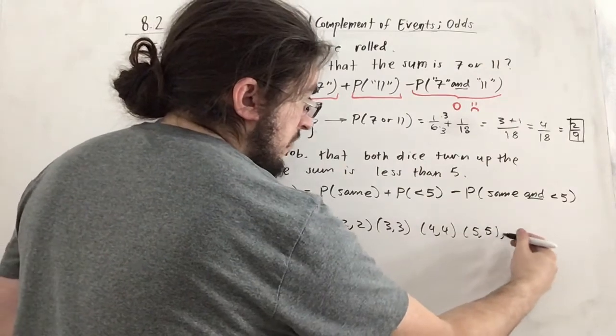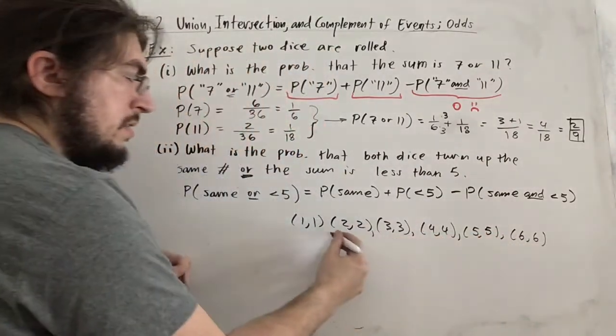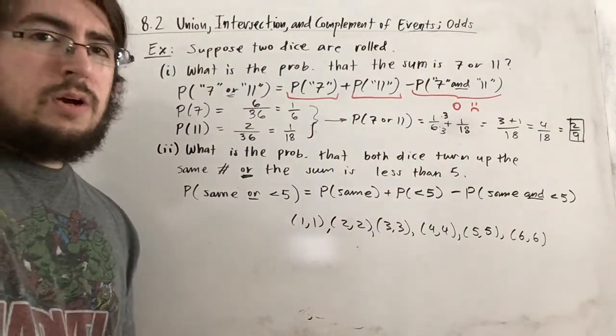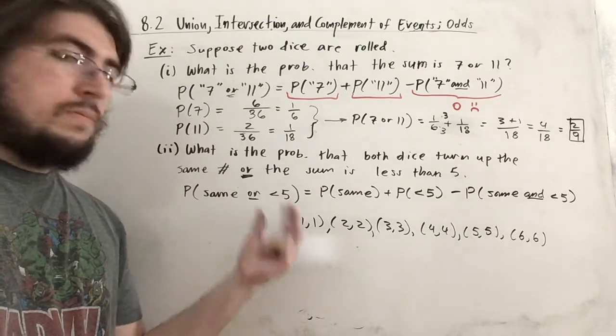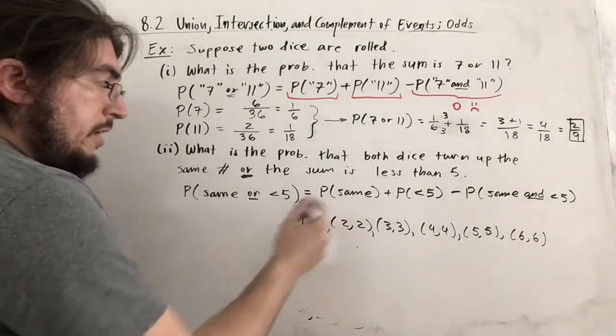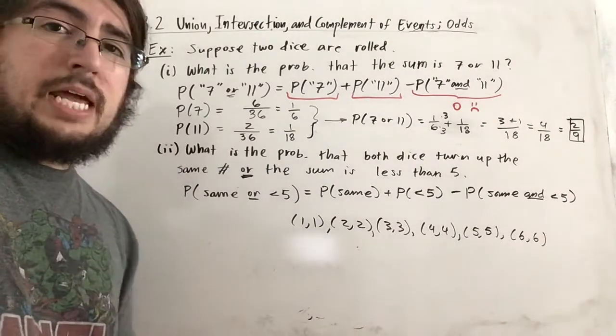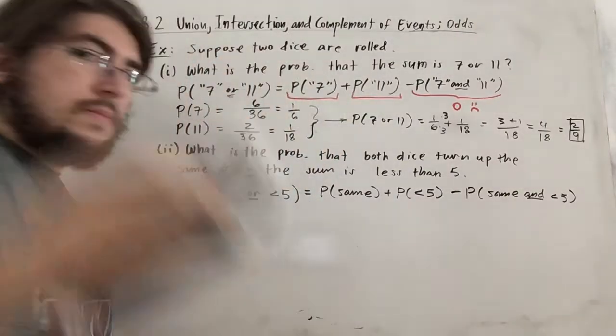So I'll just write them all out for good measure, but you can kind of see that it's not too hard to get this result here. So as it turns out, there's only 6 different ways you can roll 2 dice and they turn out to be the same number. So the probability of them being the same is 6 over 36. So let me erase this calculation.